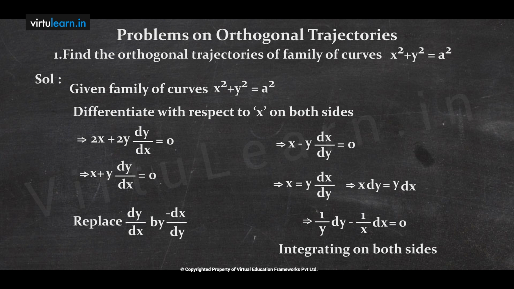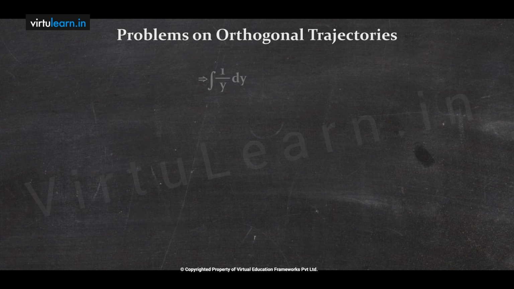Now integrating on both sides, integral 1 by y dy minus integral 1 by x dx equals c. Integration of 1 by y dy is log y, minus integral 1 by x dx, which is log x. Now all terms are in terms of logarithm, that's why I have taken c also in terms of logarithm.